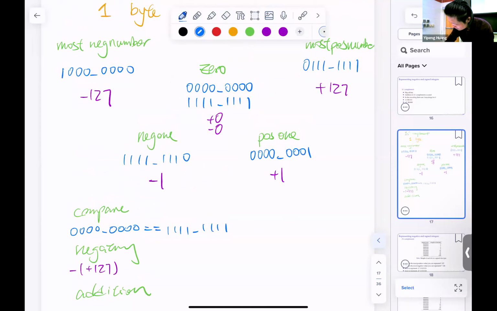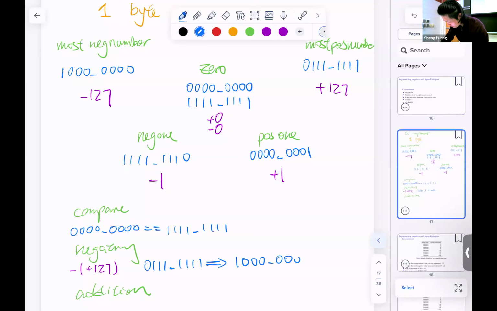And the way we would do that is you take 0, 1, 1, 1, 1, 1, 1, 1, which represents positive 127. We follow the rule. Negating numbers goes by flipping all bits. And indeed, that is what's being correctly represented, right? So positive 127 there. When you flip all bits, you do get what you expect, which is negative 127.